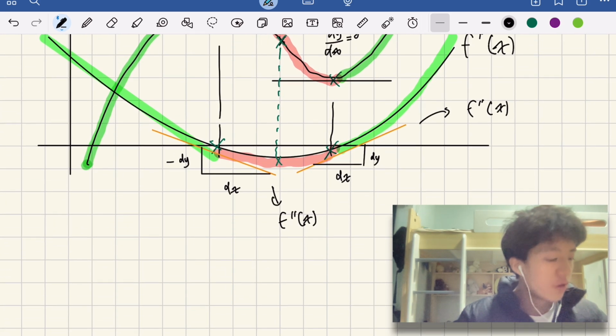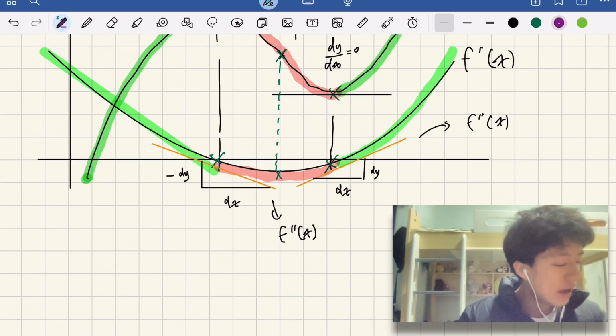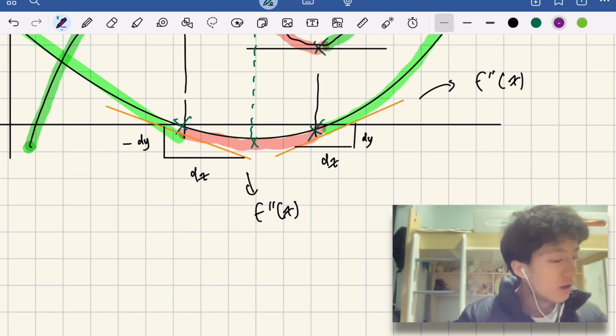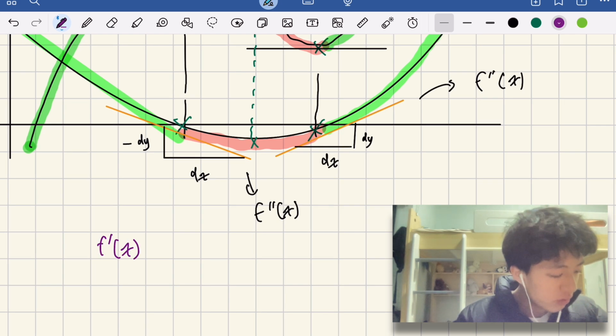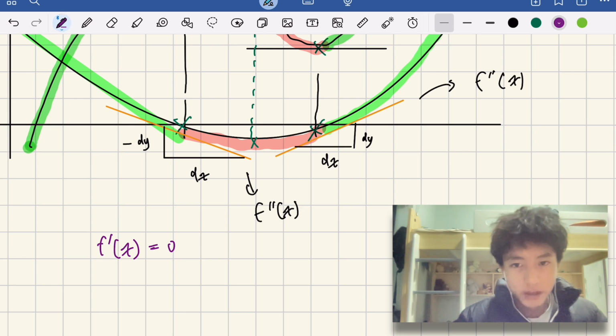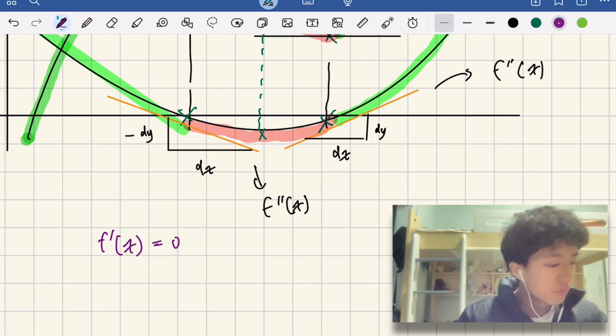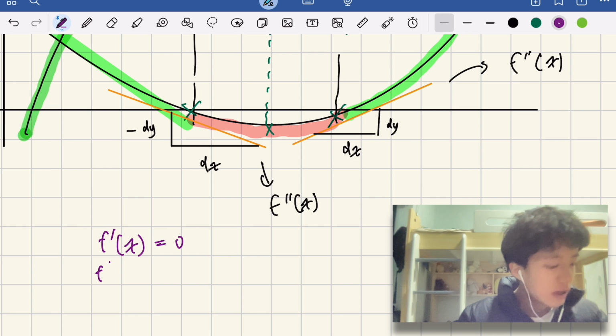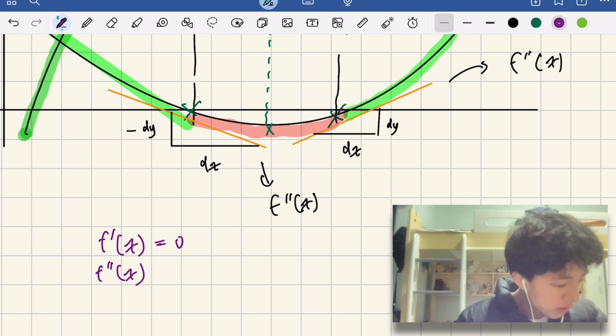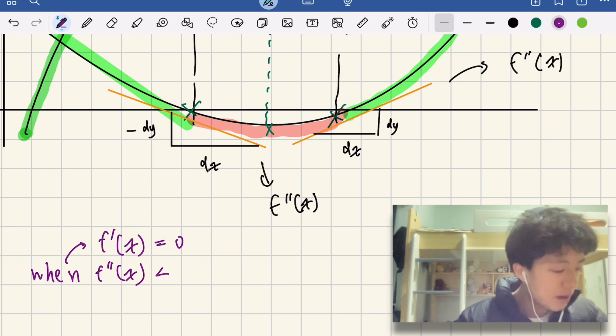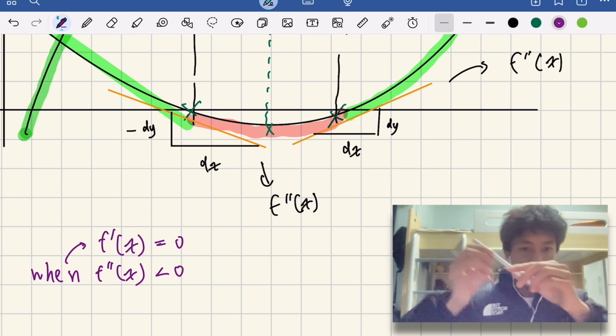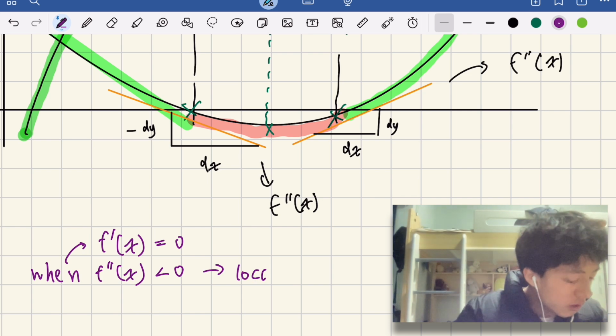So now, without further understanding, let's just establish that when f prime x equals 0, you're at either a local maximum or a local minimum point, right? And then when f prime x equals 0, if f double prime x is less than 0, so you have a downward sloping line, that means you're at the local maximum.